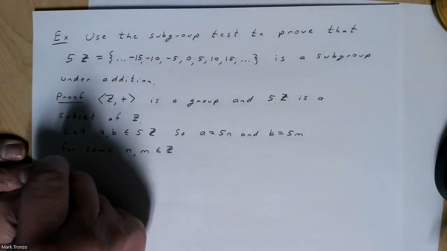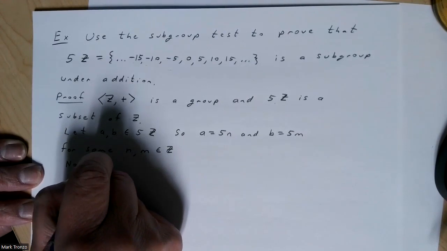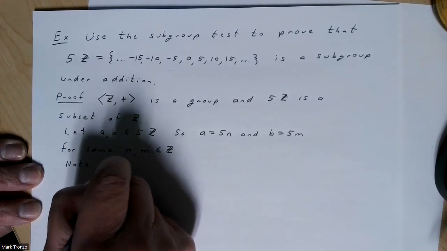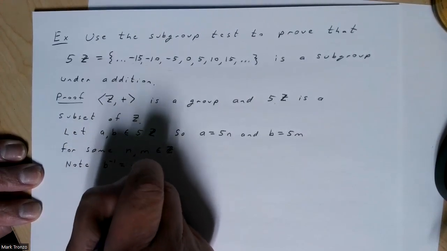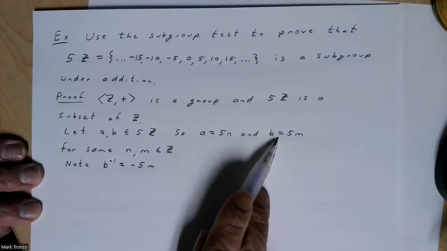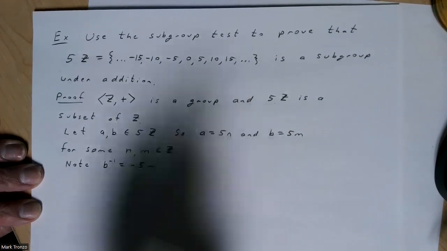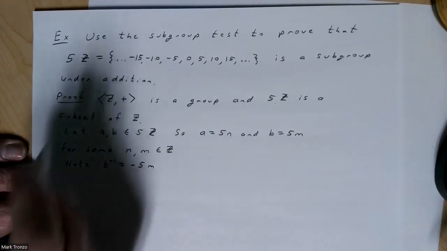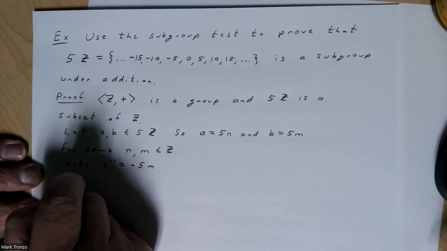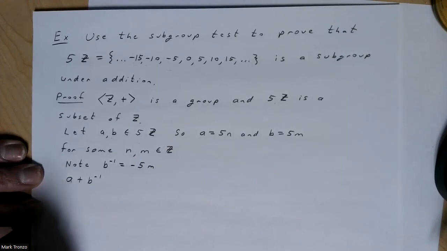So note B inverse is going to be negative 5m, because if we add B to B inverse, we get the identity 0. So now we have to show that A plus B inverse is in 5Z.